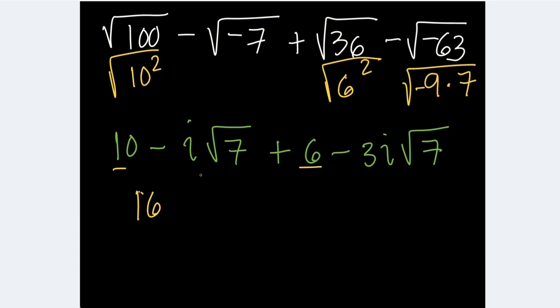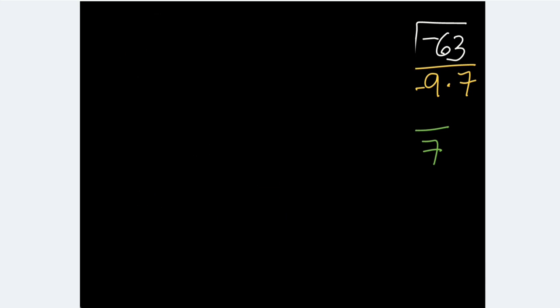Negative i minus 3i is negative 4i square root of 7. So that is 16 minus 4i square root of 7. Yeah, okay. We haven't got a mistake yet. I hope we don't get any mistakes.